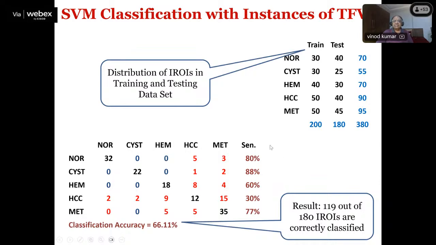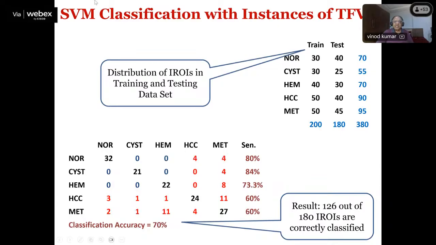This was a study. You can say this is research work. Then you go on improving, selecting different parameters so that results can be better. With the feature vector 2, the results were slightly better with the ratio features, 70.